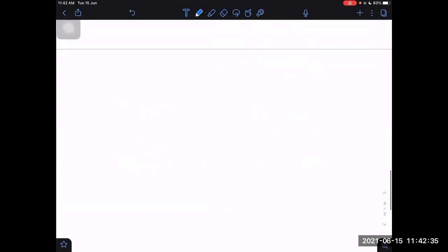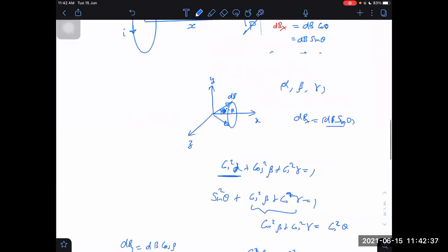If I take the projection of this cone here, what will I be getting? I will be getting a circle, right? Yes, sir. The projection of the cone on the YZ plane will be a circle. If that is a circle, then any vector on the YZ plane has magnitude dB cos theta.